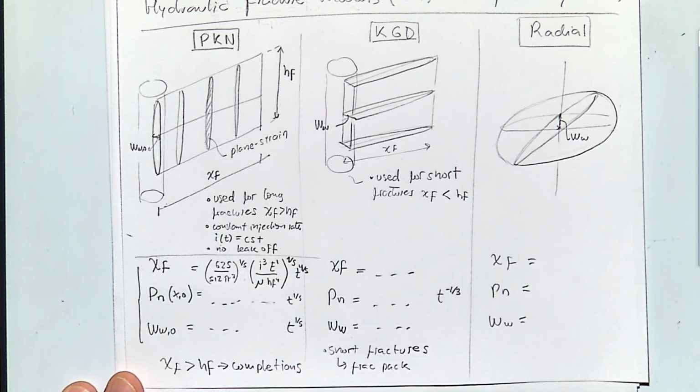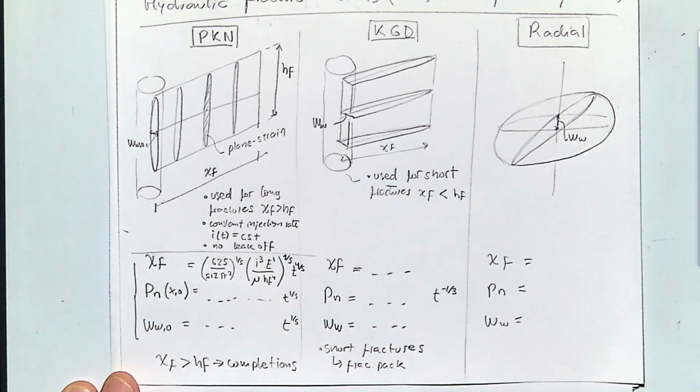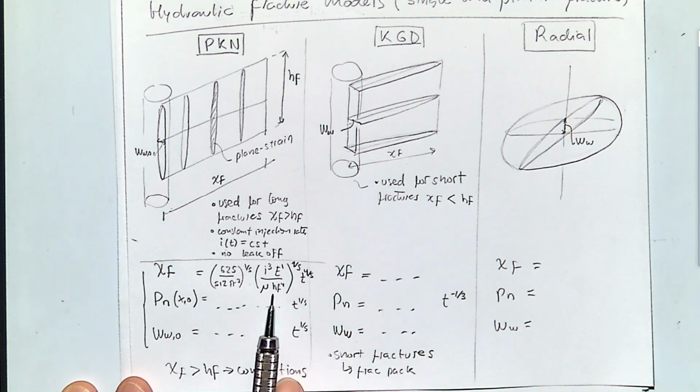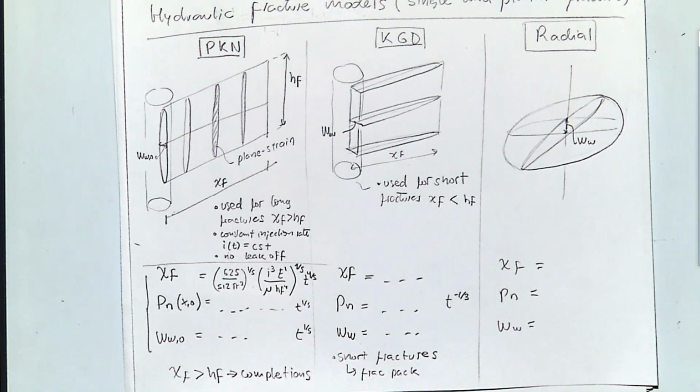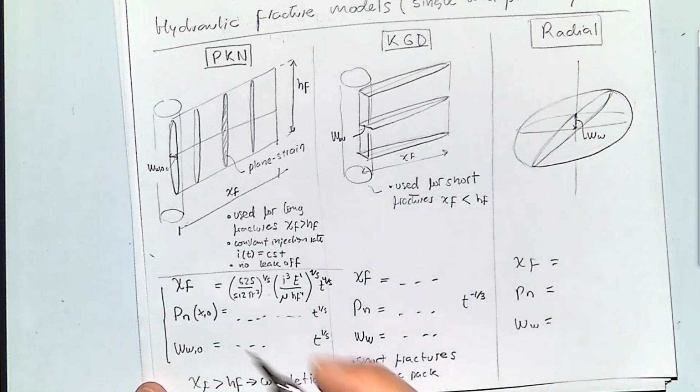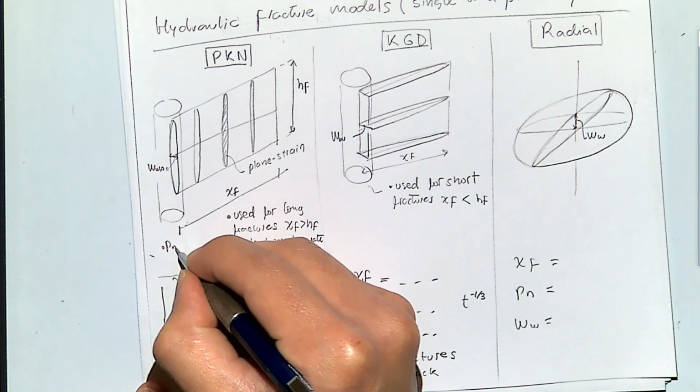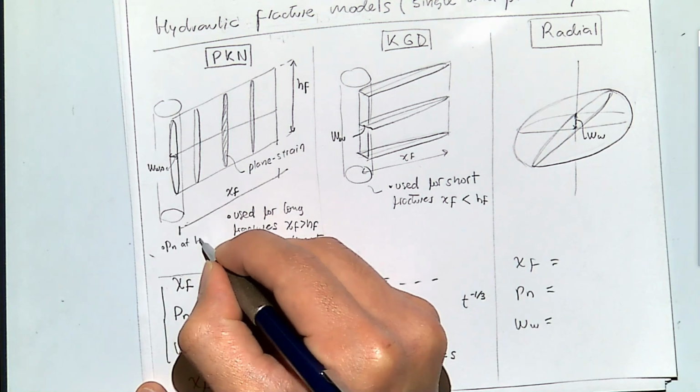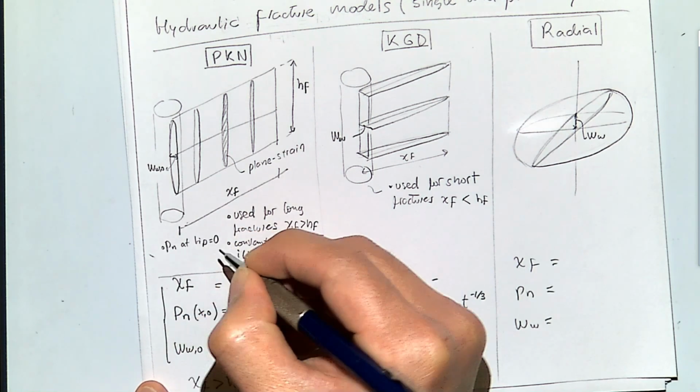So we use equations in order to predict the width of the fracture. We use equations, look at the viscosity here. We use equations to tell what is the pressure gradient needed for the fluid to go from here to here. Oh, another assumption I forgot is that net pressure at the tip is equal to 0.